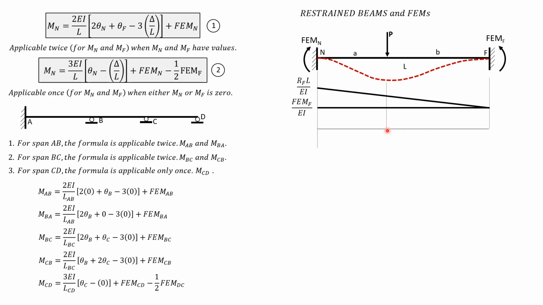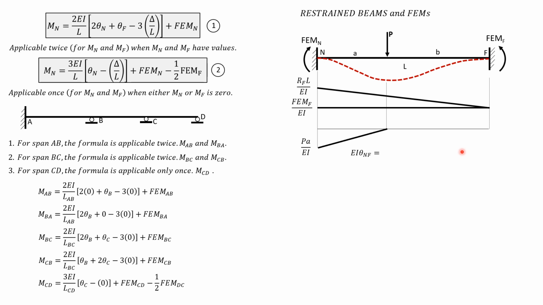Then the moment due to the load, which is the only negative here, is PA over EI. Let's assume that EI is constant, because the fixed moments are not affected by the moment of inertia, since the moment of inertia will be set up only in the slope deflection equations.